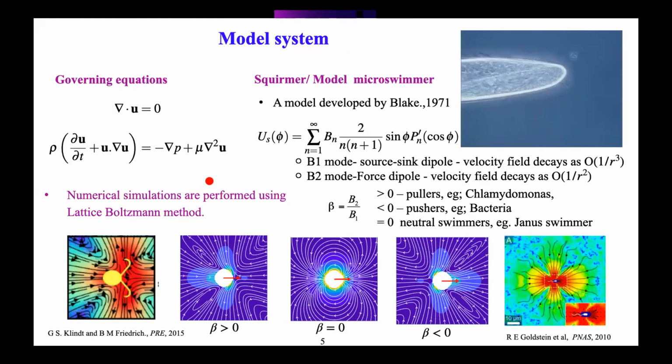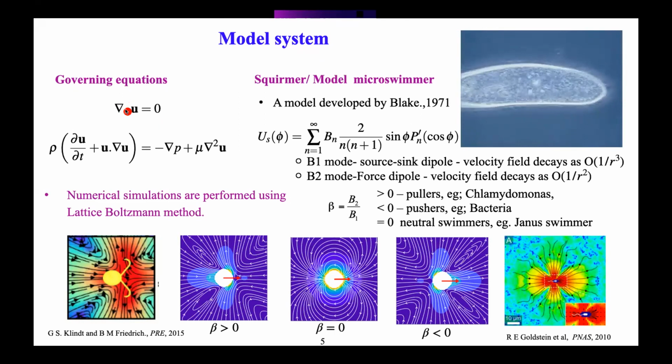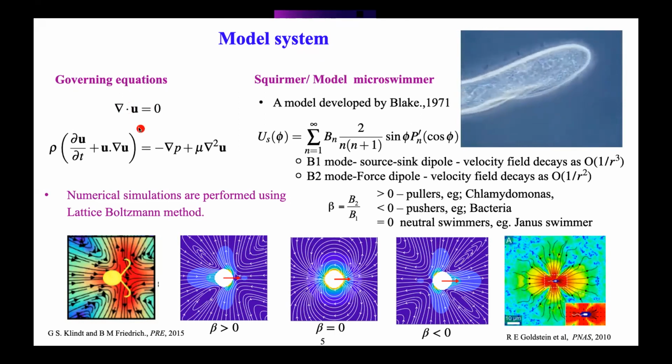So we do numerical simulation, and in the simulation, we model the fluid using the Navier-Stokes equation and continuity equation. And the microswimmers are modeled using a model called the squirmer model, which is an envelope model developed by Blake in 1971.